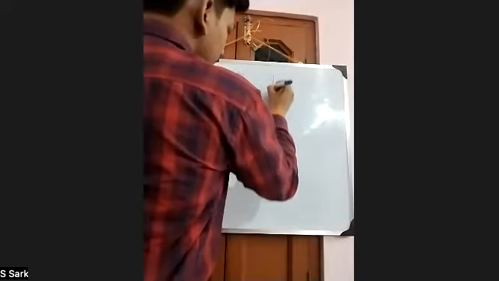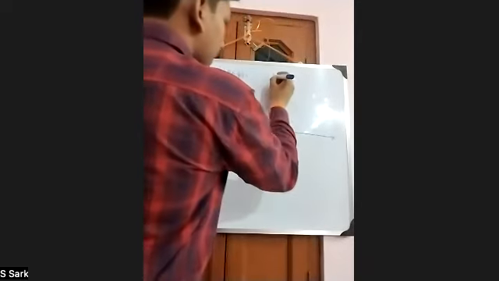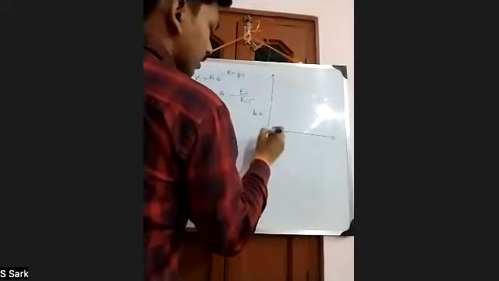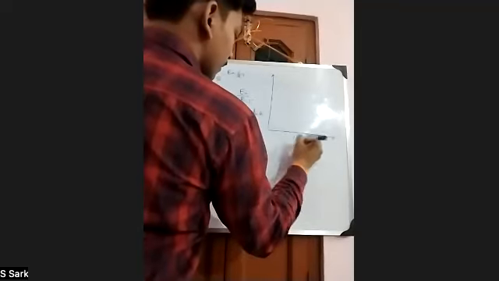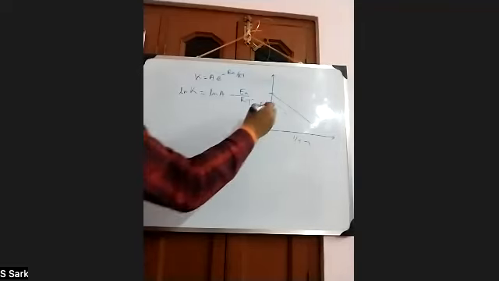If we plot ln K here and 1 by T here, the plot will be like this. This is the ln A intercept, and the slope will be minus EA by R.